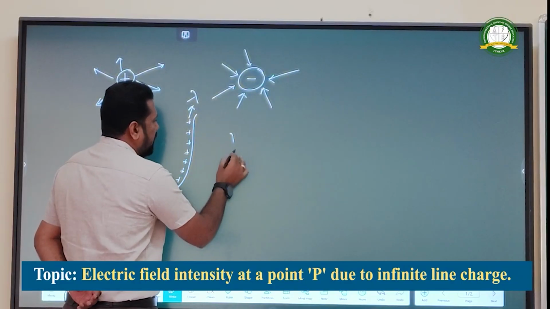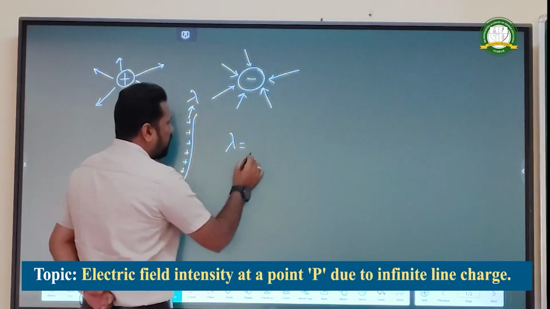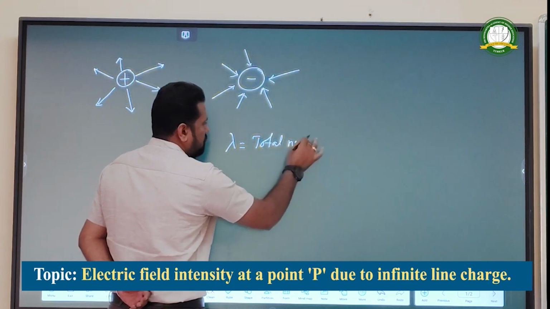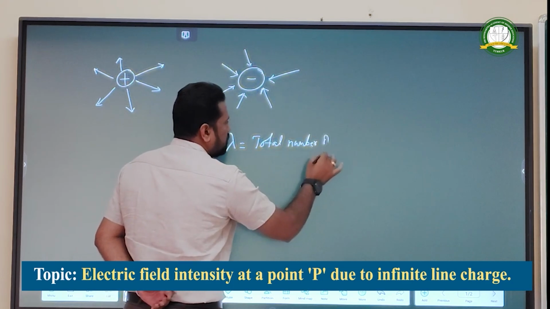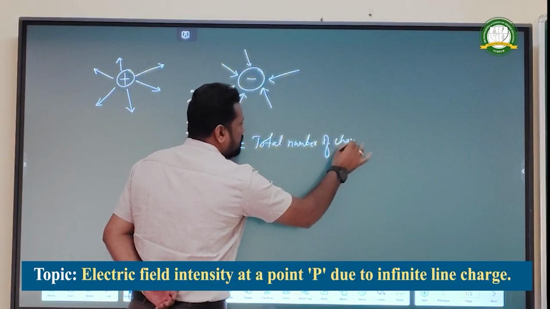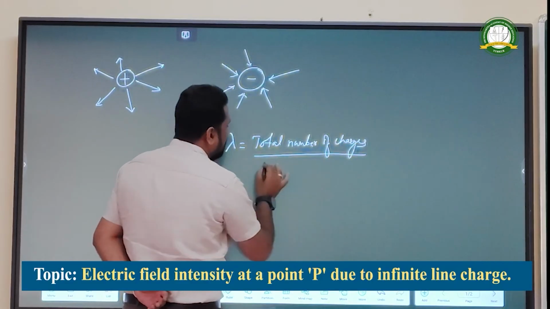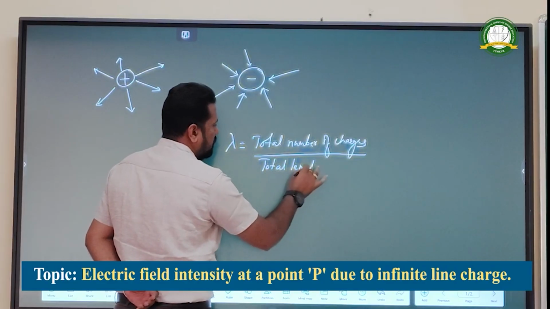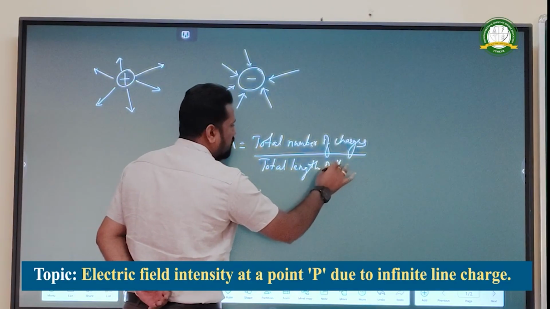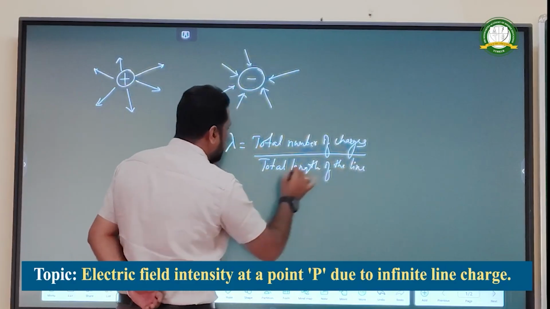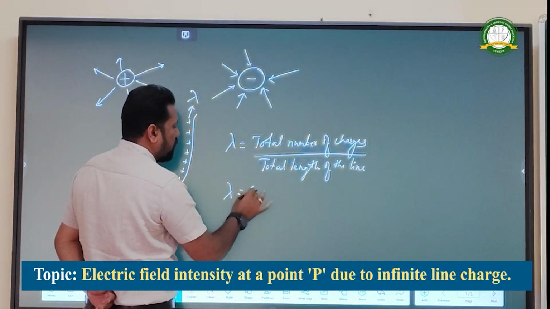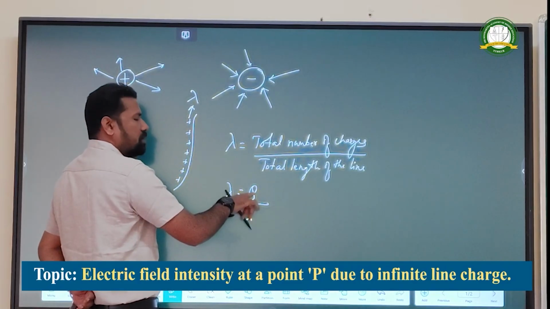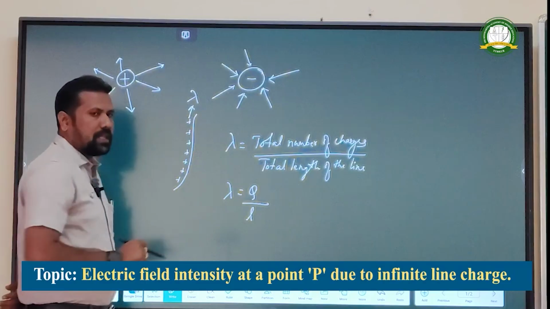Mathematically, the line charge density is the ratio of total number of charges to the total length of the line. That is, lambda is equal to Q divided by L, where L is the length of the line and Q is the total charges distributed over the line.